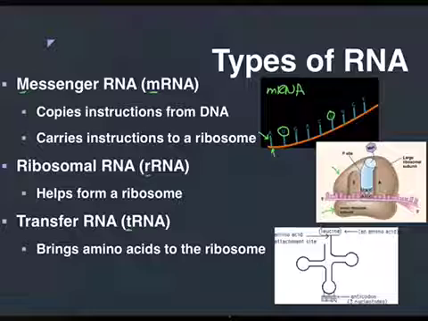Lastly, we have transfer RNA or tRNA, and this brings amino acids to the ribosome. And so here the amino acid attaches to the top. This structure right here, that's your piece of tRNA. And so that's just a comparison between DNA and RNA.